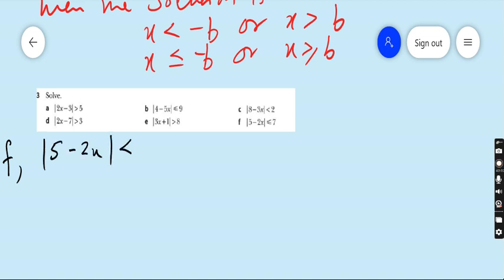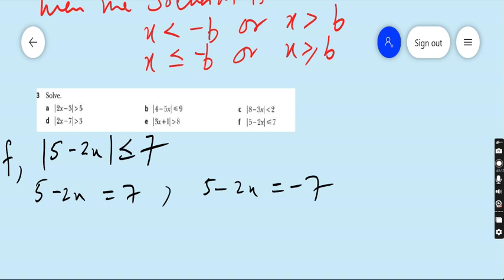Absolute value of 5 minus 2x is less than or equal to 7. So 5 minus 2x is equal to 7, and 5 minus 2x is equal to -7. So 5 minus 7 is -2, which is equal to 2x, x is equal to -1. 5 plus 7 is 12, which is equal to 2x, x is equal to 6.